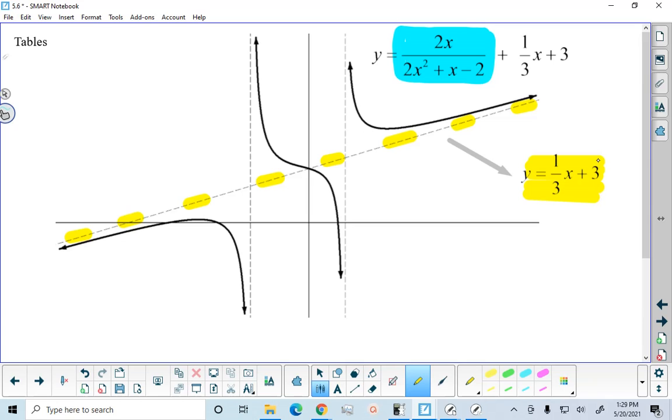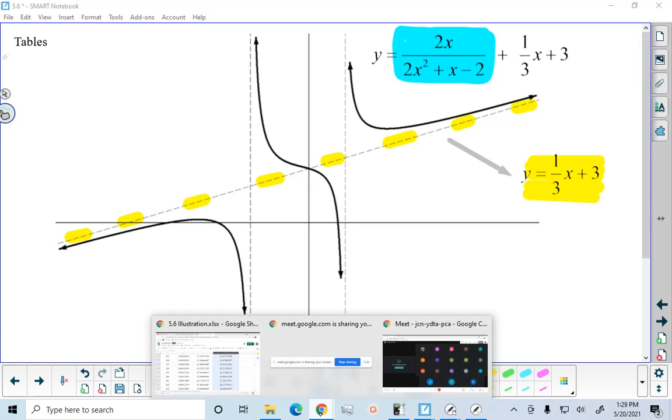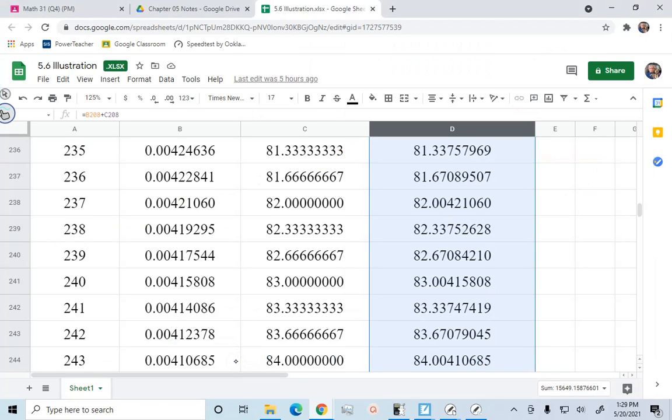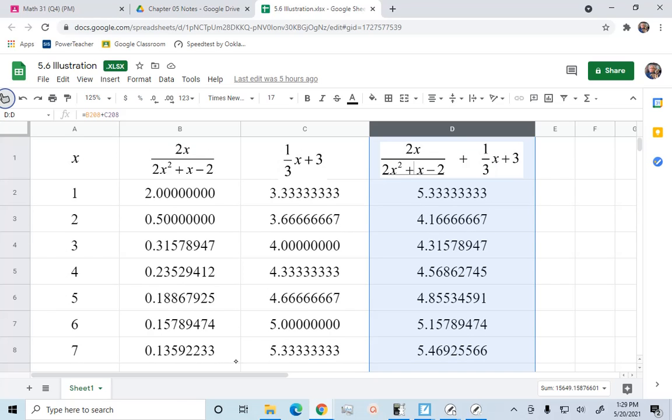I guess the bottom line is, I really hope this table helps, that when you look at columns C and B, C and B are the two parts of the function that are being added together to get the actual function, which is in D. So when x is 1, we're adding 2 and 3.3 and getting 5.3.